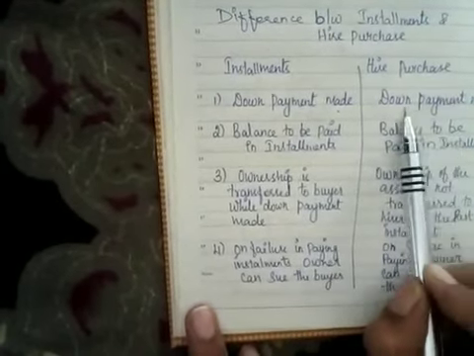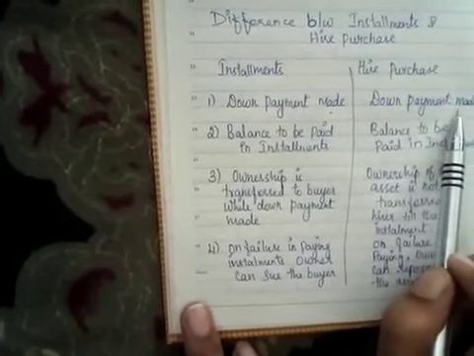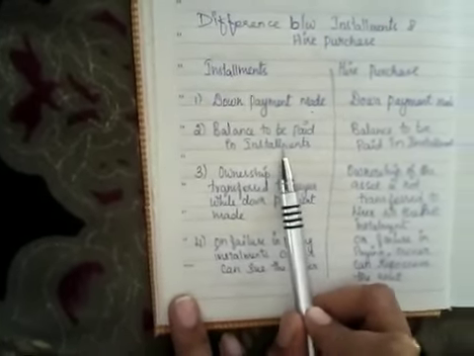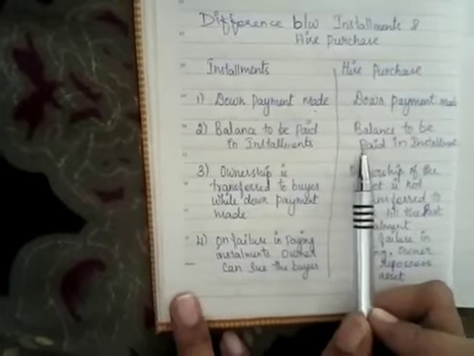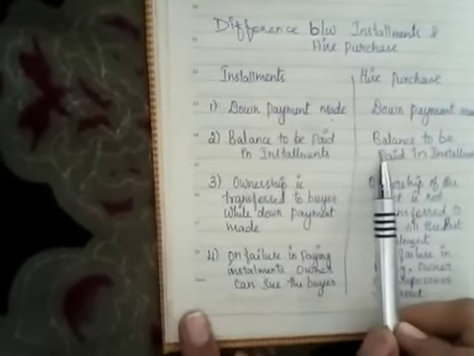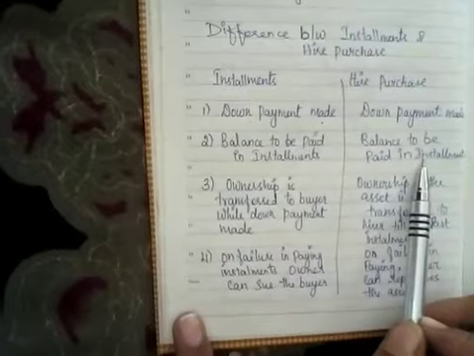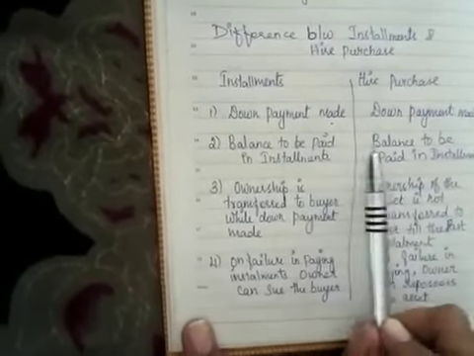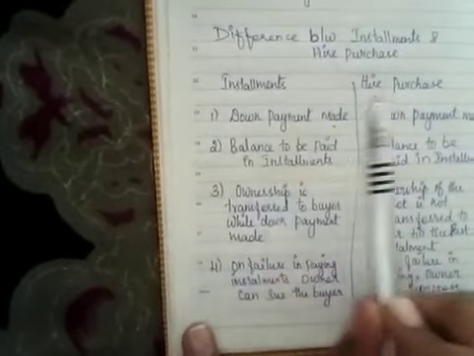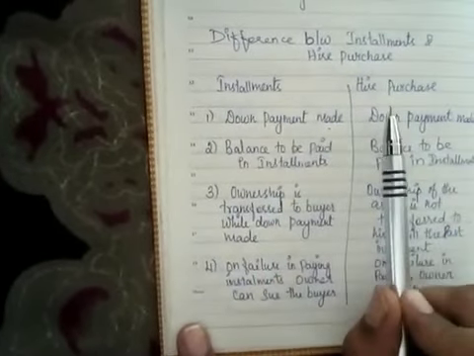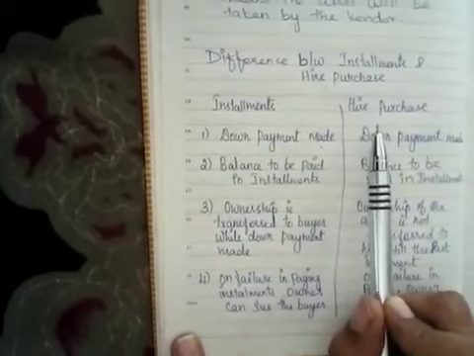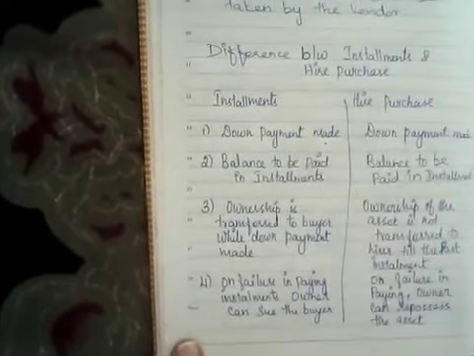In hire purchase also, a down payment is made. Then the second point is that the balance is to be paid in installments. In the same way, hire purchase is also carried out on an installment basis. These two points say that installment and hire purchase are one and the same. But there are two more conditions where they are different.